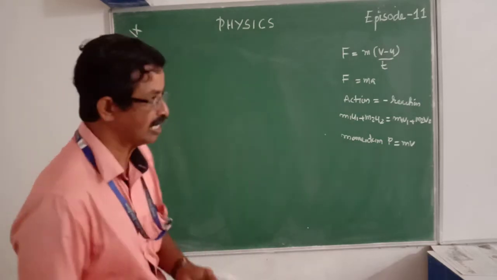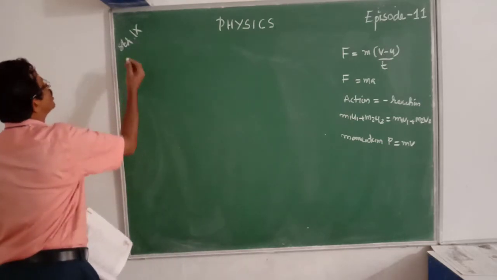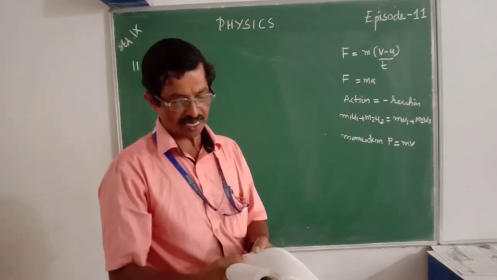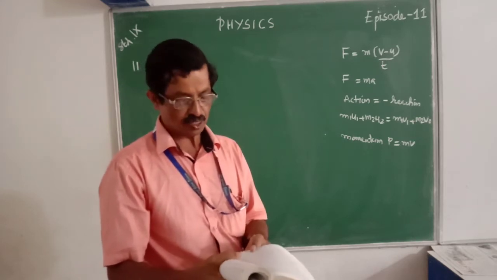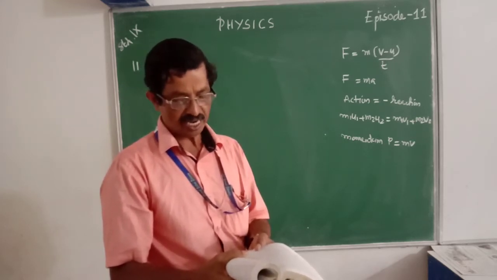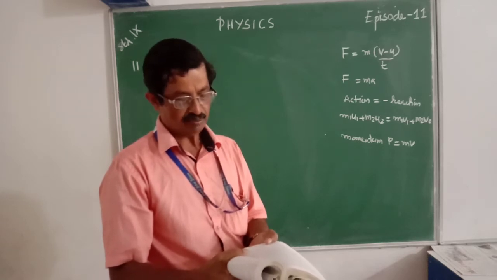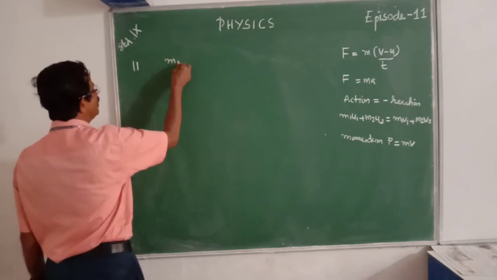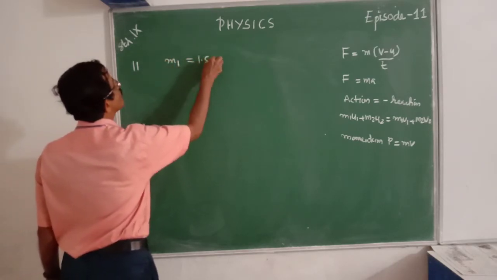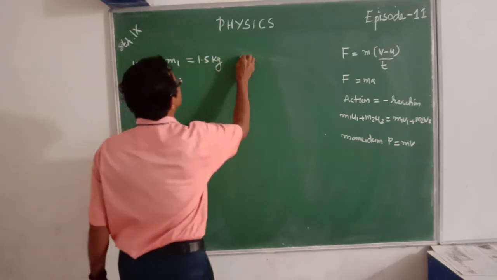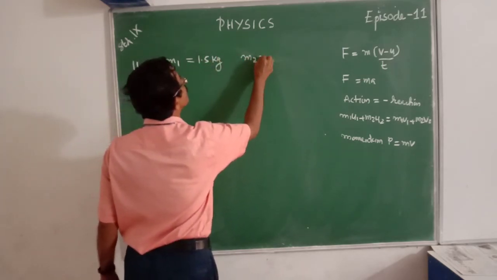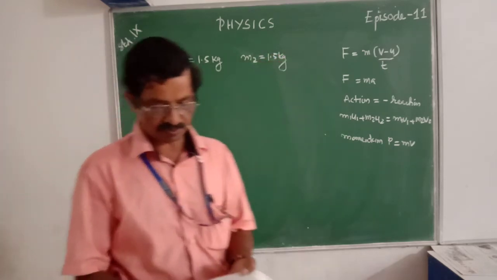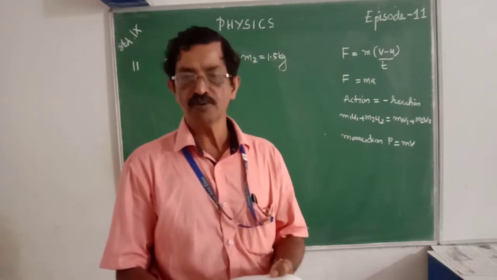Now question number 11. Two objects of mass 1.5 kg are moving in the same straight line but in opposite direction. Let the first one, mass m1, be equal to 1.5 kg, and the second one, mass m2, be equal to 1.5 kg.